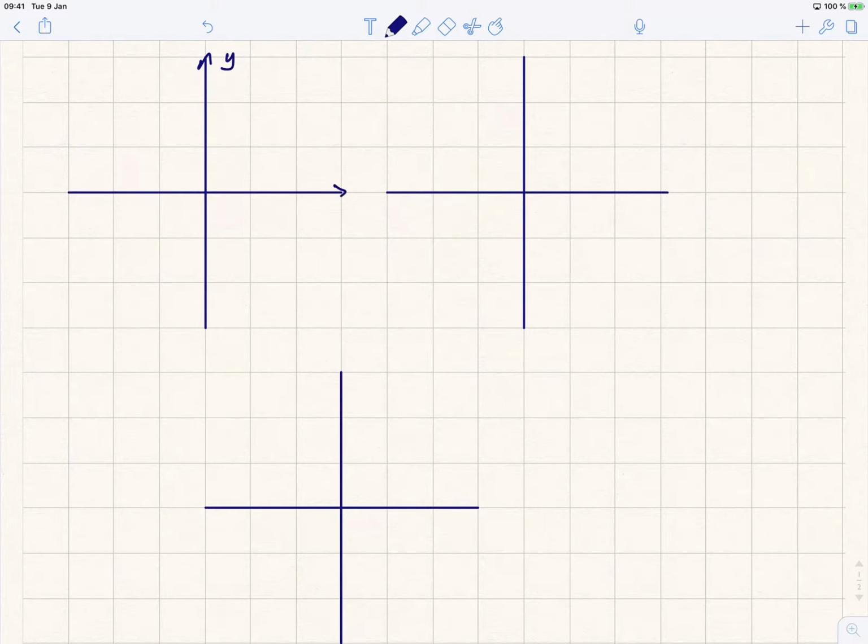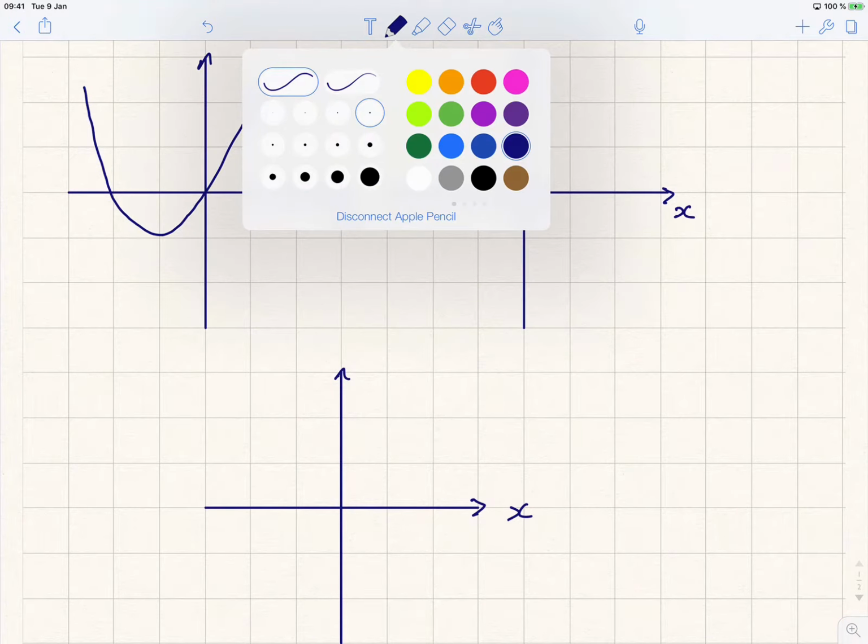This is y, this is x. In fact, I'm going to put out the y-axis because obviously it depends on the type of function you're dealing with. If I had, say, this function here, there are some interesting points that we have.